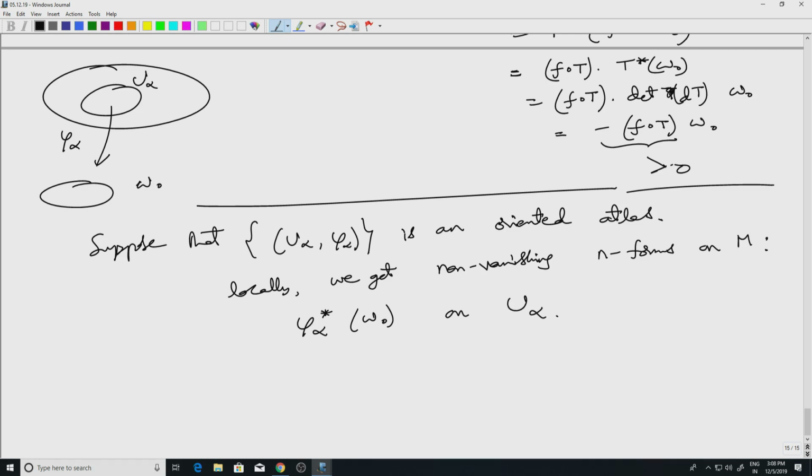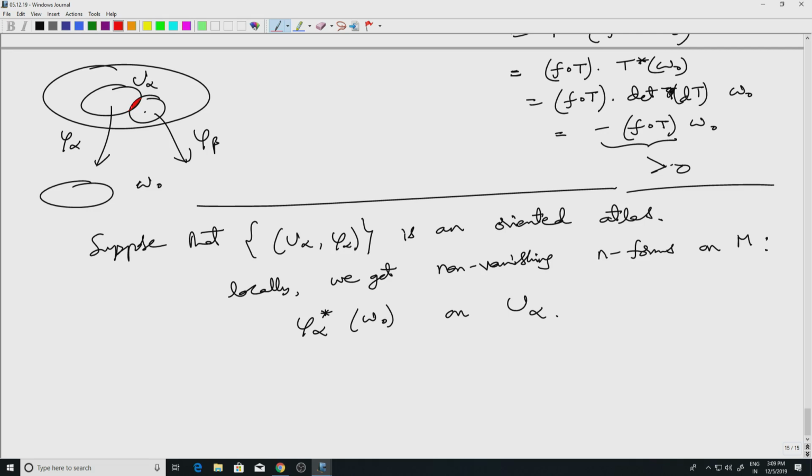and this will be defined on U alpha. Well, now the question arises as to how to patch these up. On every open set we have got an n-form, and we cannot ensure, for instance, that if I have a phi beta, on this intersection the forms phi alpha star omega naught and phi beta star omega naught actually agree is something that we cannot ensure.